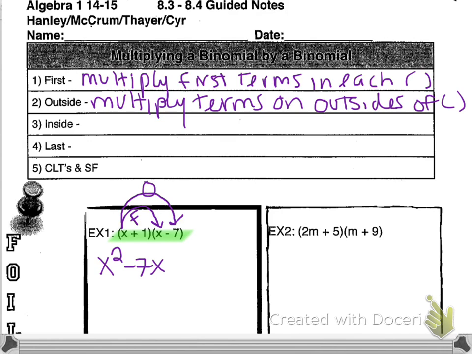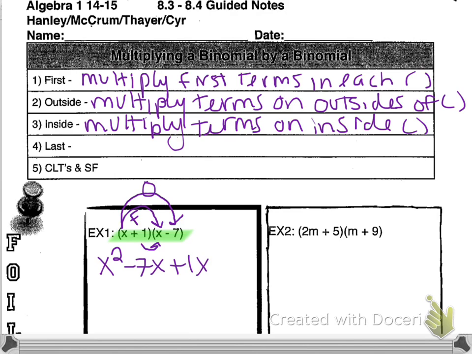Okay. Next, we're going to get to the I, which is for inside. As you might imagine, those are the two terms that are going to be on the inside of the parentheses. So we want to multiply terms on the inside of both parentheses. And so 1 times x is just going to give me 1x.